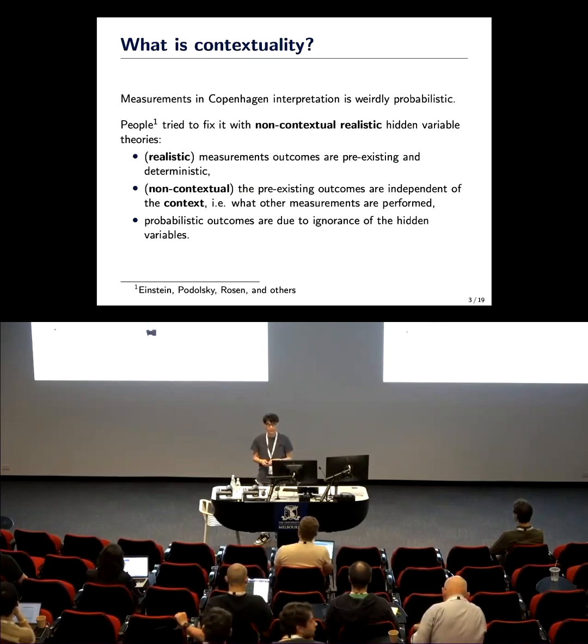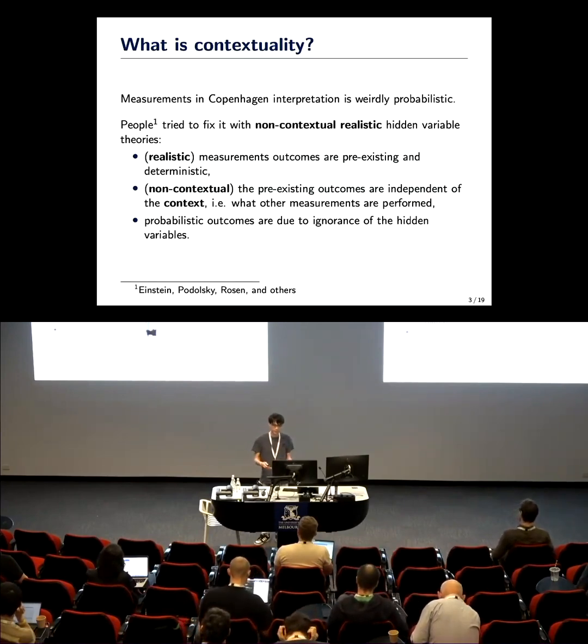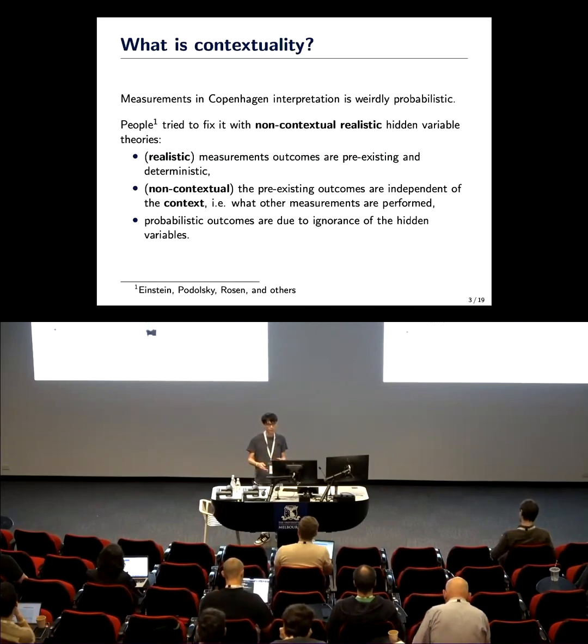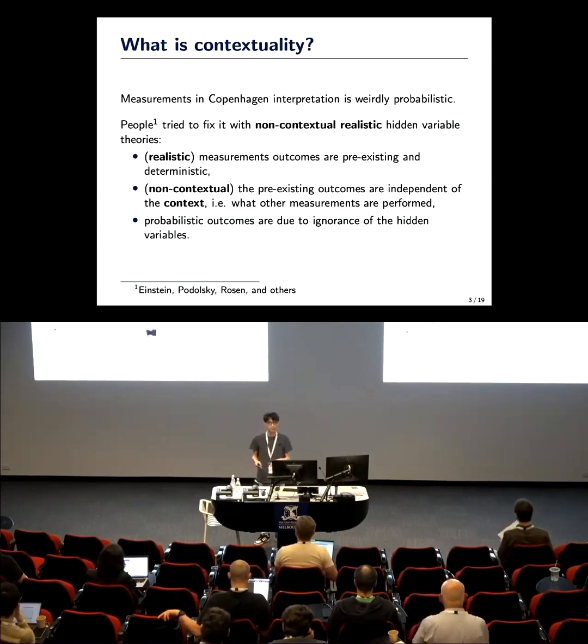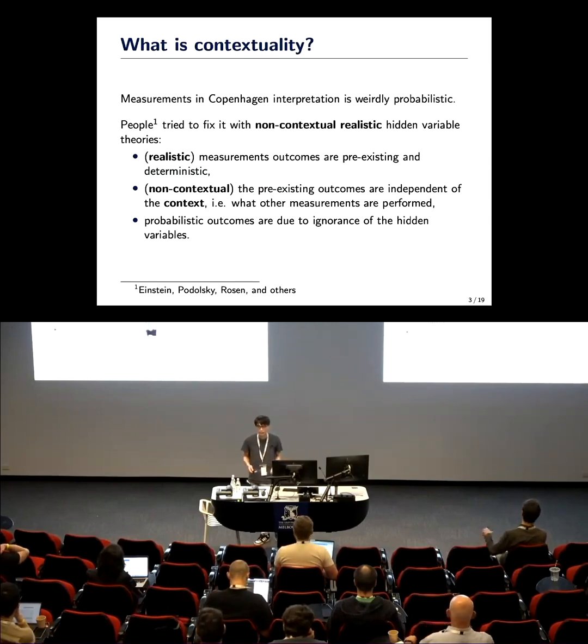Realistic simply means that the measurement outcome should be pre-existing and deterministic. Non-contextual simply means the pre-existing outcome should be independent of the context, that is, the set of other measurements being measured at the same time. The probabilistic nature would be explained by our ignorance of the true state of the system.